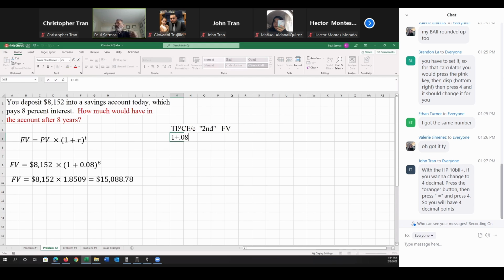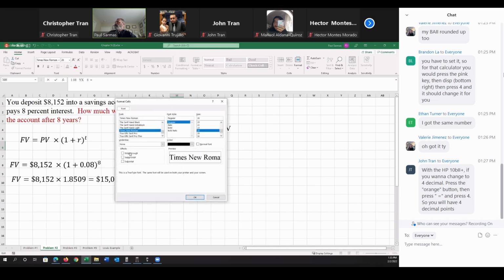Now, if you're using the financial function keys, you don't have to do these calculations. But if you do 1 plus 0.08 equal, the calculator will give you 1.08. Then you do y to the x and you do 8, and you press equal. Remember, this is y to the x.